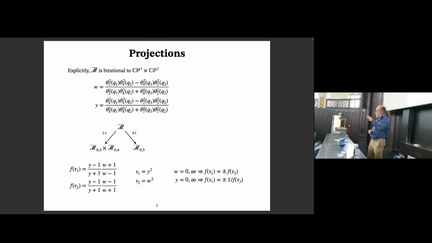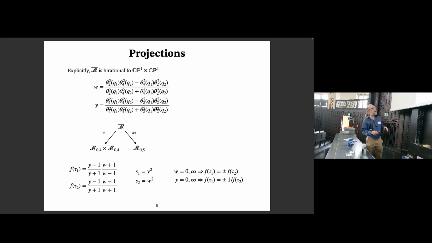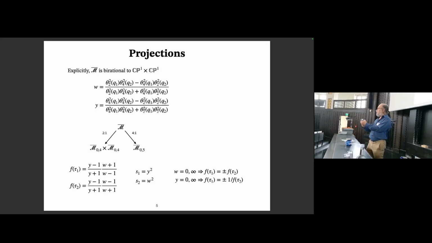And the key thing, the thing that I emphasized before, but now I can make explicit, is the boundary points here. So W and Y equals 0 or infinity are points at the boundary of M05, right? And I would have expected, oh, there should be some kind of weak coupling behavior there.